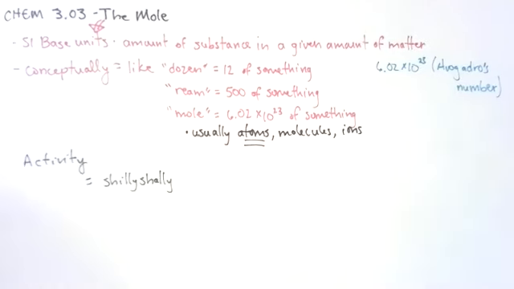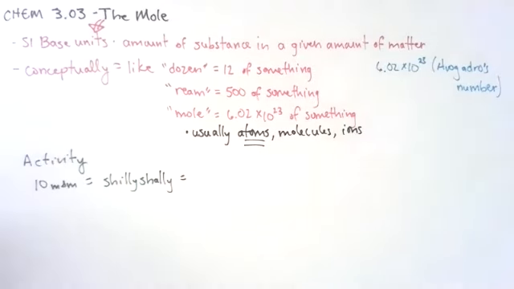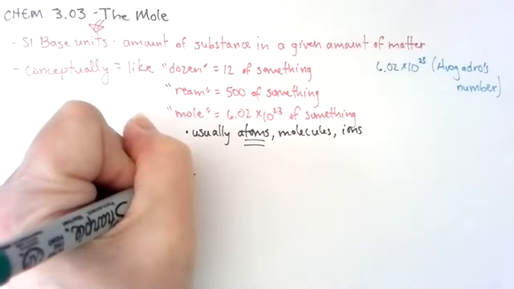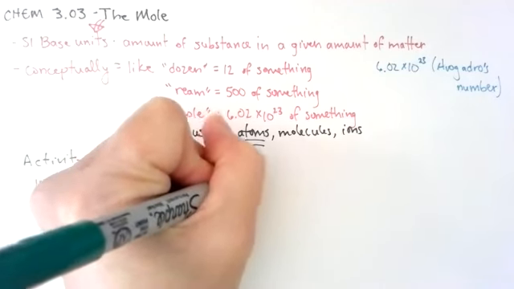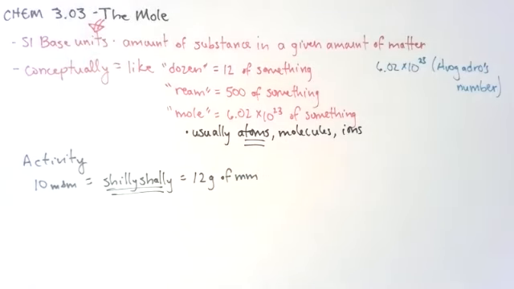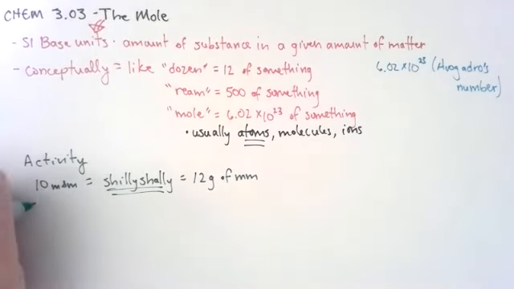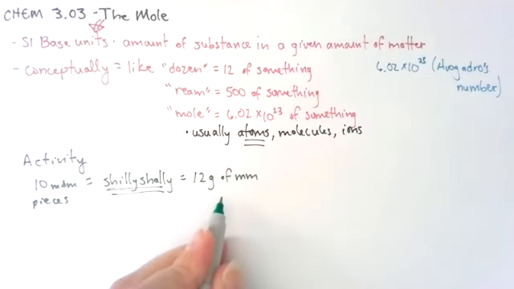On one side, a shilly-shally was equal to 10 M&Ms. On the other side, the shilly-shally was equal to 12 grams of M&Ms. So this was our unit, and we kind of made it up. On one side, we had number of pieces, and on this side, we had mass.